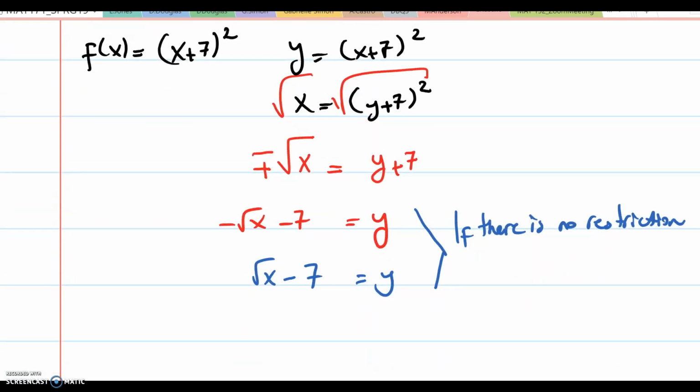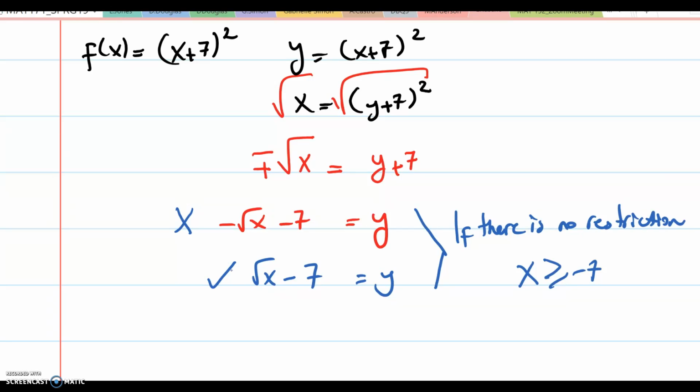However, we do have a restriction. Remember, our x values will be greater than or equal to -7. So then I'm not going to have this one here. So this will be the only answer I'm going to have.